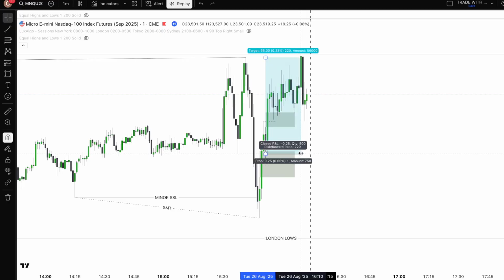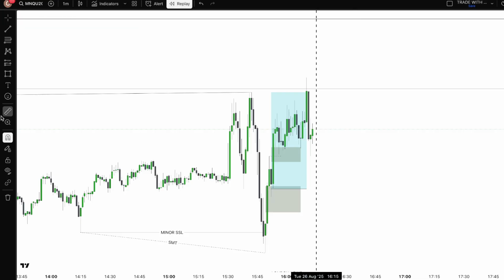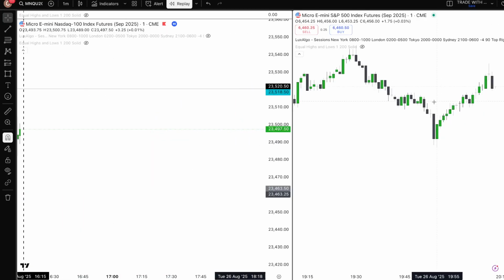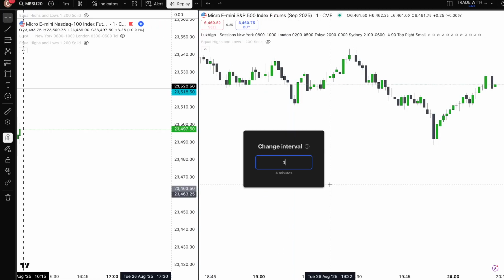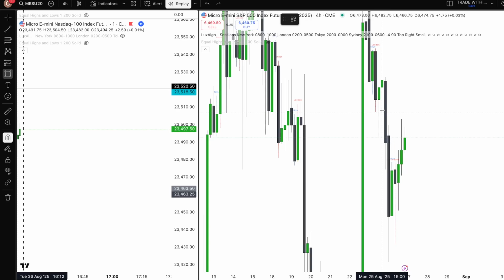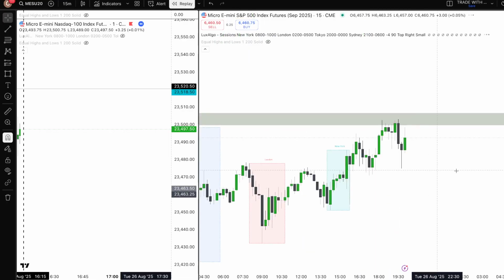Okay, beautiful trade, beautiful trade. Yes, above this line, I can show you actually. Yes, had the 4-hour gap unfilled. So that's why I was very bullish.